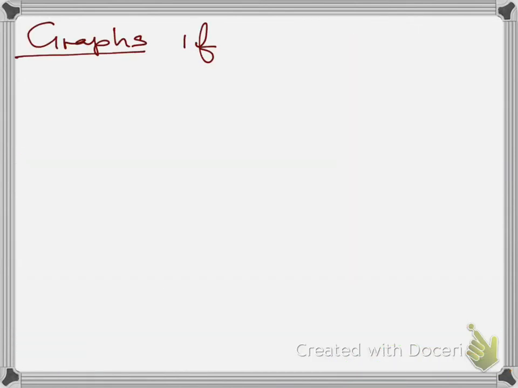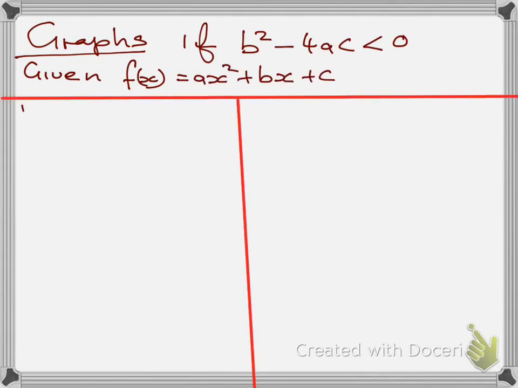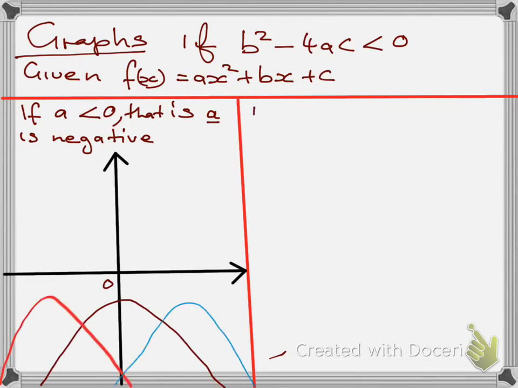Let's explain this graphically also. Let's say we want to explain b squared minus 4ac less than 0, given the function f of x equals ax squared plus bx plus c. We are guided by the value of a. If a is less than 0, there is a local maximum or maximum turning point, and the graph is suspended below the x-axis.